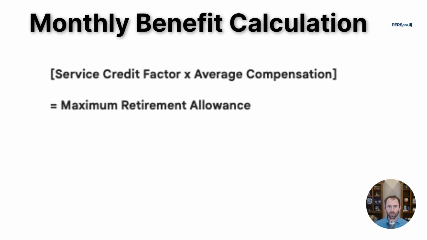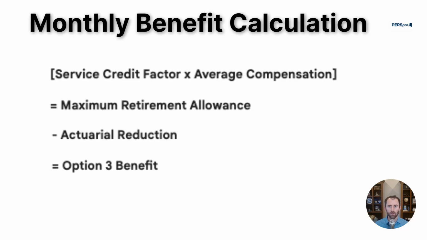However, for option 3, PERS applies an actuarial reduction to your maximum retirement allowance amount. Because option 3 covers 3 lives, yours and 2 others, the actuarial reduction is typically more significant than option 2. PERS calculates this reduction based on the ages of all 3 parties at the time of your retirement. The result after your actuarial reduction is your option 3 benefit amount.